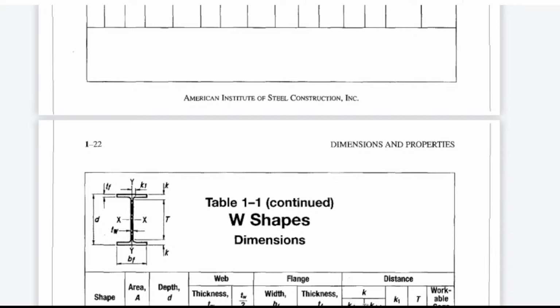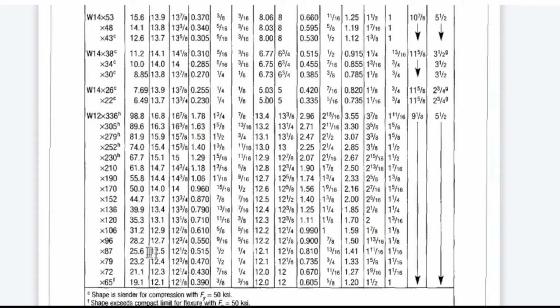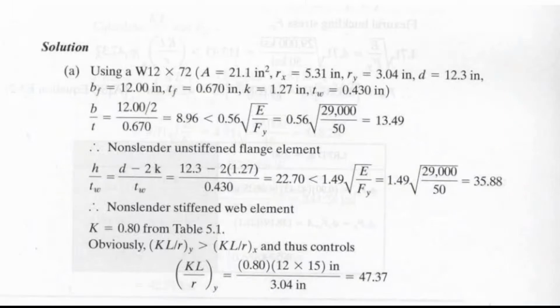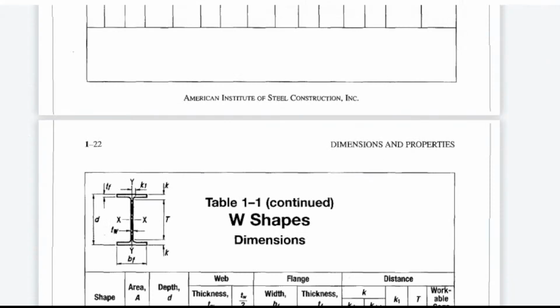So k, this one. Let us proceed on 72. This is 72. Which column is first? bf, tf. So let us go here.